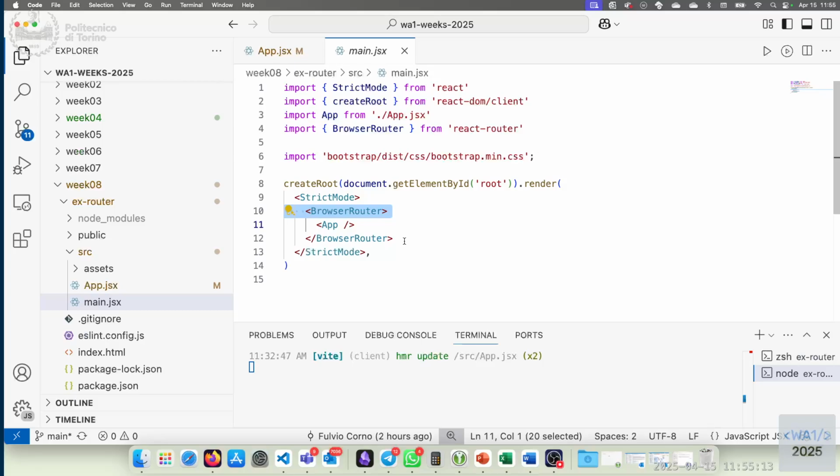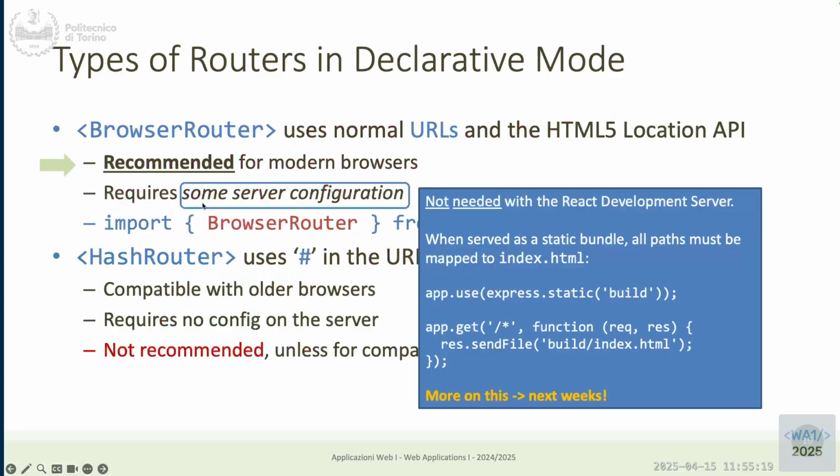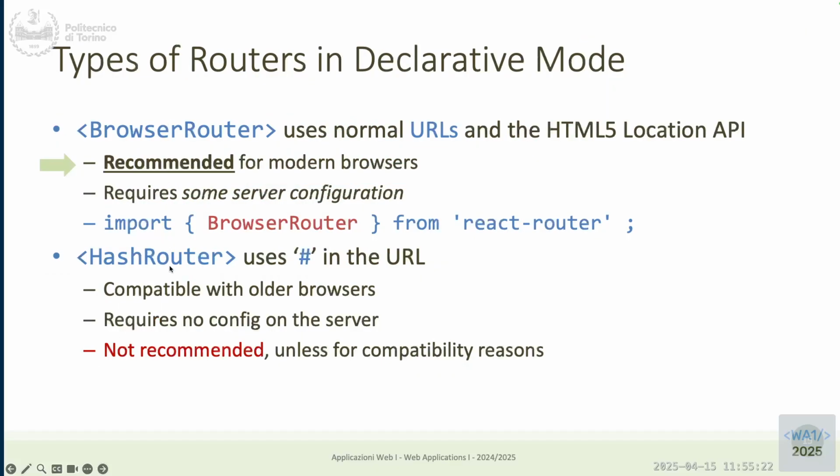component. There are actually two router types defined in the React Router library, which are the browser router and the hash router. They differ in the way they are encoding the route inside the URL. Actually, the second one uses the hash sign and encodes everything after the hash sign. This way is compatible with web servers that cannot be customized.